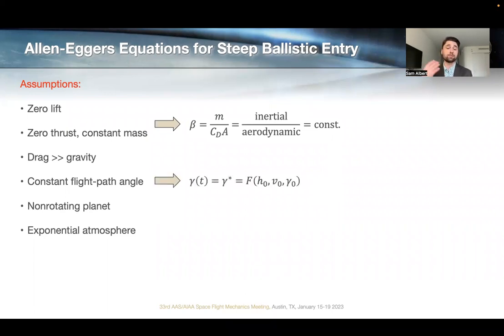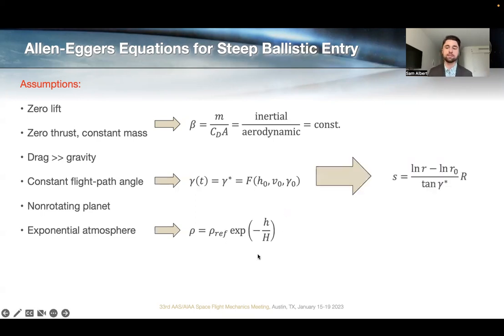And so in the original formulation, they treat flight path angle as constant at its entry value. In this case, we use something from the literature where you can compute a constant value for flight path angle that's not necessarily its value at entry, that actually results in a more accurate approximation overall. So details are in the paper. Assume a non-rotating planet, and we model atmospheric density as an exponential function of altitude, where capital H is atmospheric scale height.